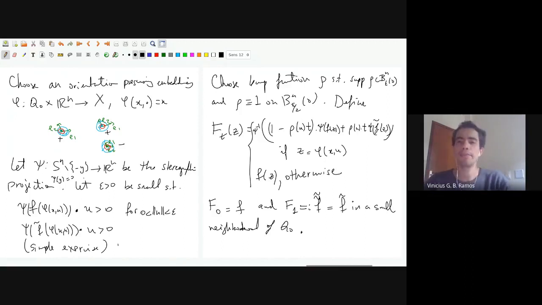Oh yeah, I know. So you actually want the pre-image of y to always be the same. So you don't want to create any new zeros as you do this. That's the condition that you want.